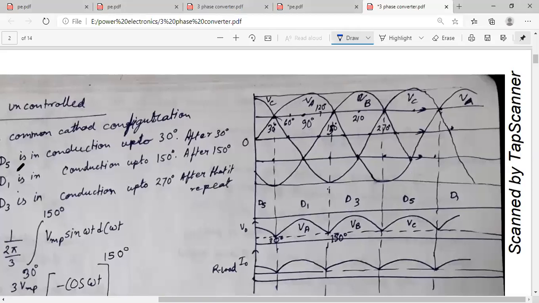Okay. So what you have to do, you have to do the graph like that.